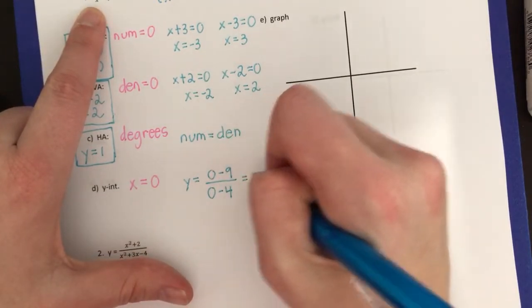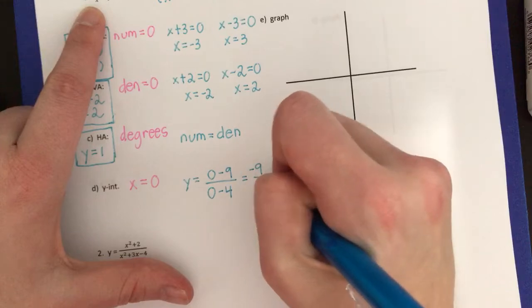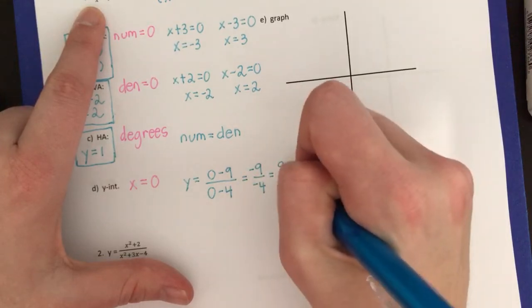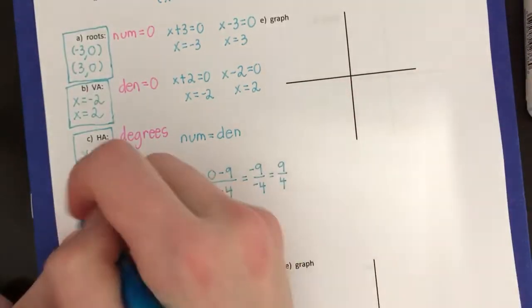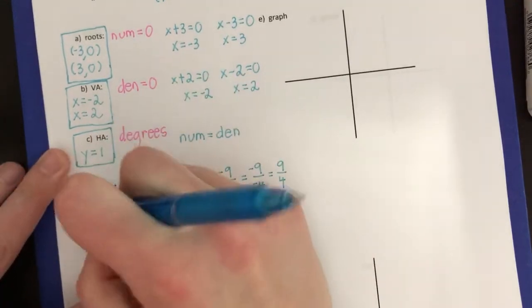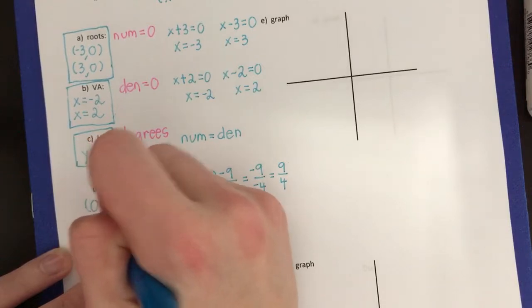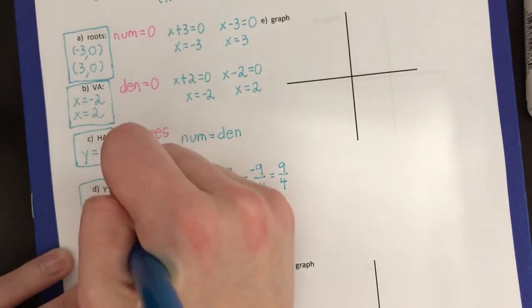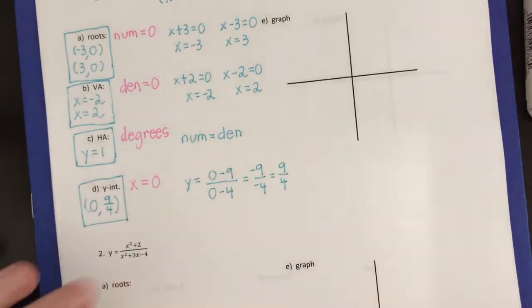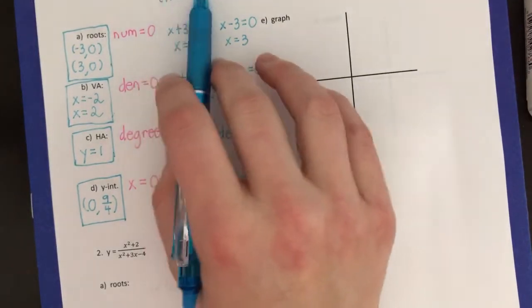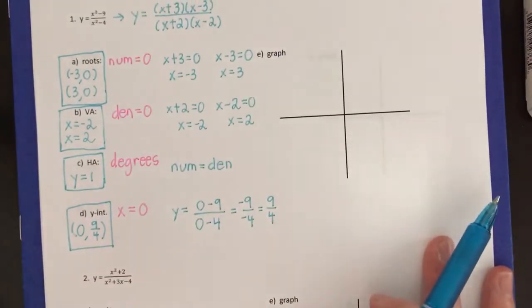So in other words, negative 9 over negative 4, which equals 9/4. So, 0, 9/4. Okay, you would have gotten the same thing if you would have plugged in 0 in the factored version.